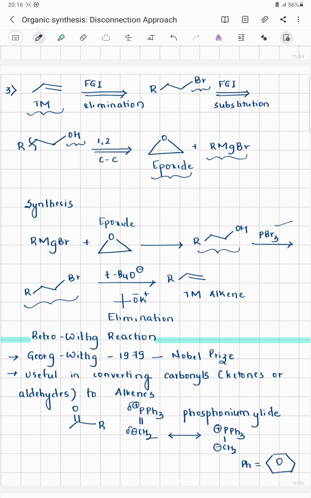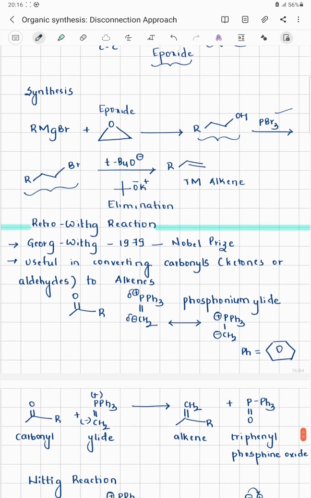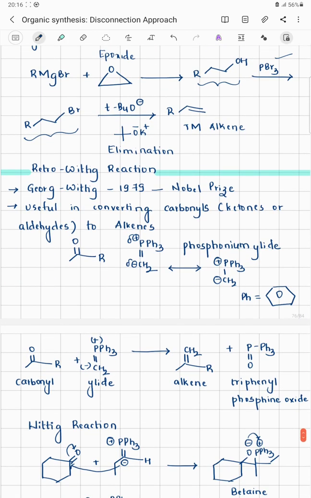In the previous system we made use of a dehydrating agent, whereas in this particular system I am making use of an alkyl halide. A very common example for the synthesis of an alkene system would be the Wittig reaction.